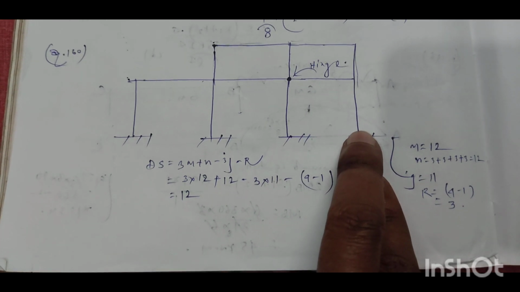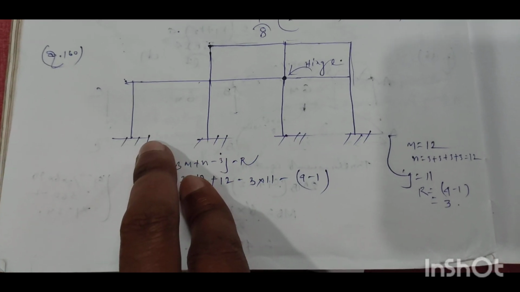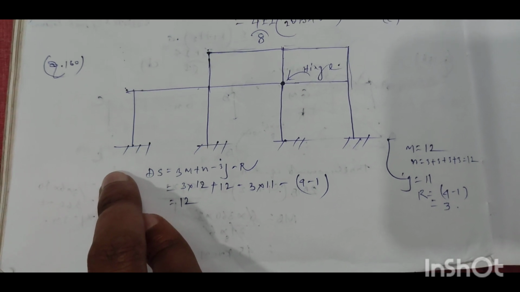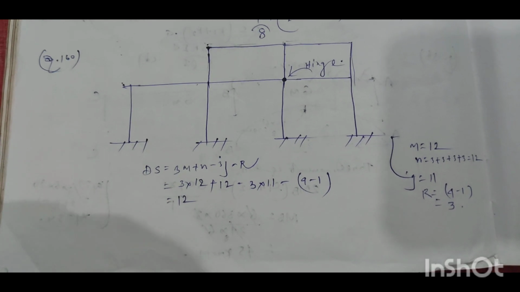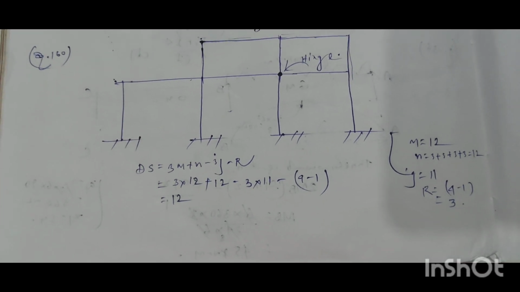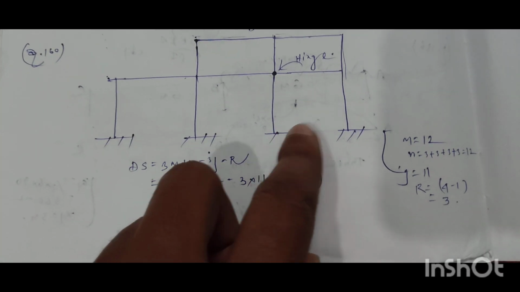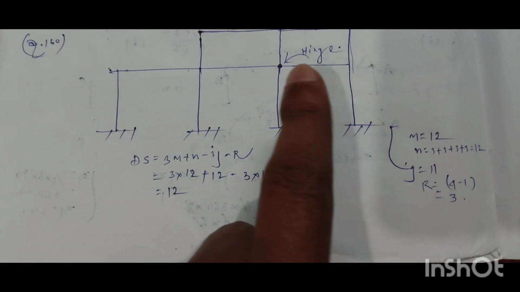So 4 fixed supports are there. For 1 fixed support, there are 3 reaction components. One is the horizontal reaction component, number 2 is the vertical reaction component, and number 3 is the fixed end moment component. So 3 at this end, 3 at this end, 3 at this end, and 3 at this end. So a total of 12 reaction components are available from this structure.